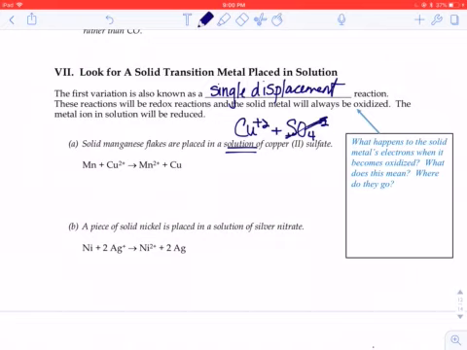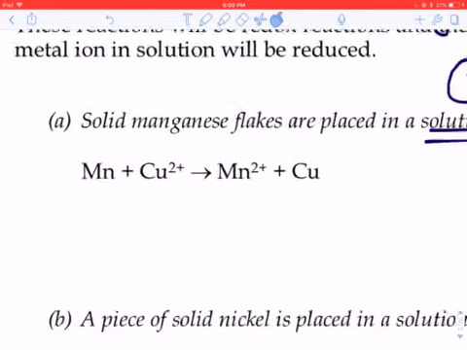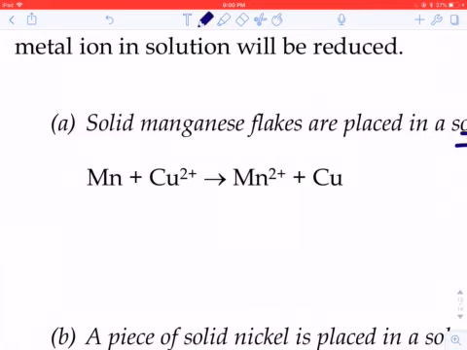So what we have left is this manganese on the left, solid manganese. It's the elemental form of manganese pulled right off the periodic table. Manganese, the element, does not have a charge. 0.